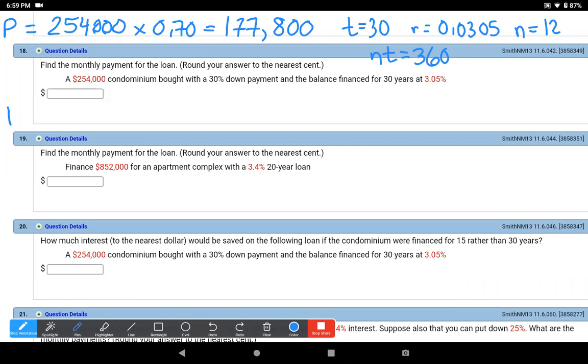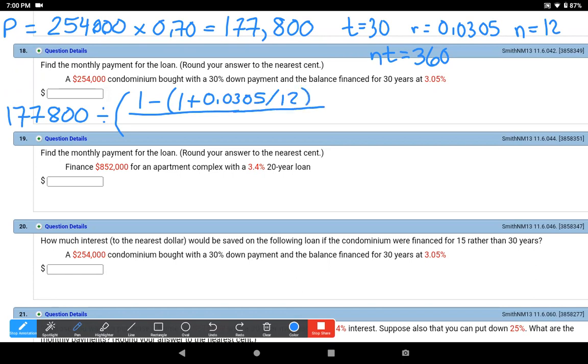So what we do is we take P and we divide by the quantity 1 minus 1 plus R divided by N, raised to the negative 360, and then divide by 0.0305 itself divided by 12, right?